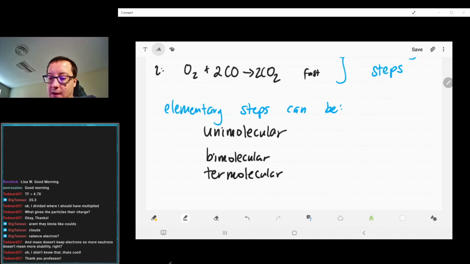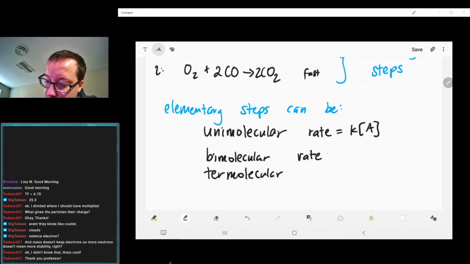And so, for example, a unimolecular step's rate law would just be first order, right? If we were to just look at the stoichiometry of it. A bimolecular reaction could be something like this.